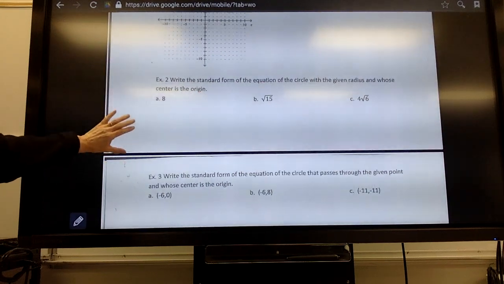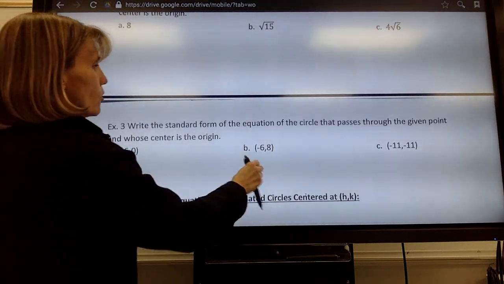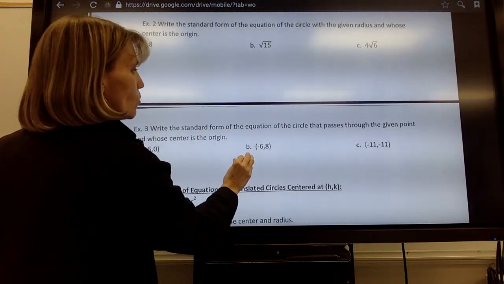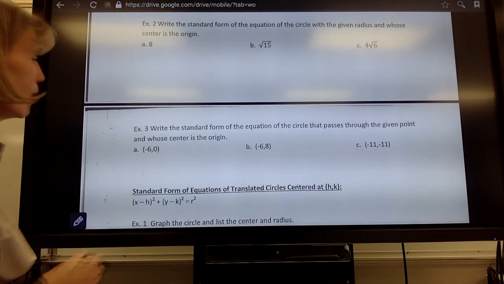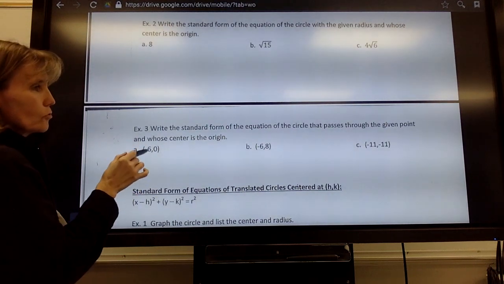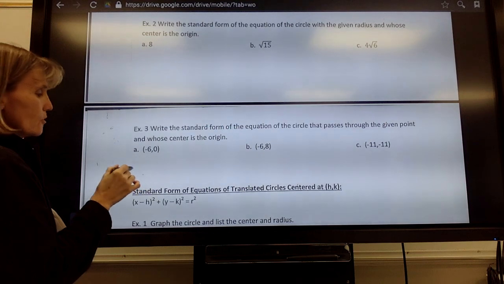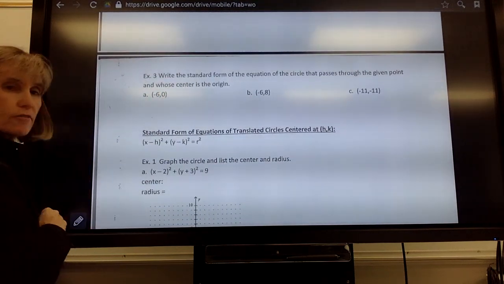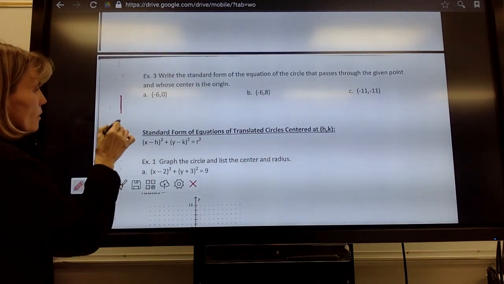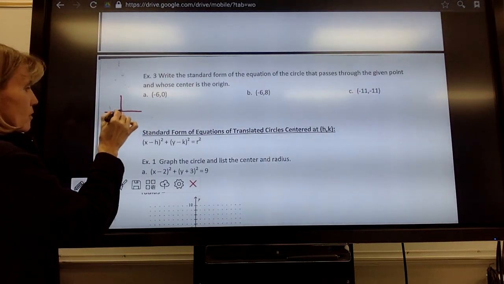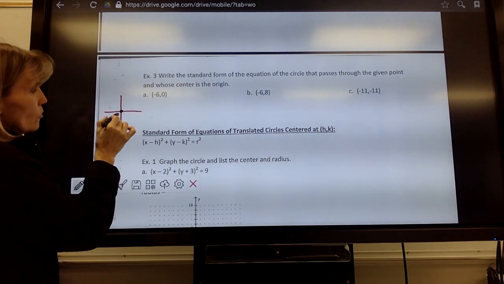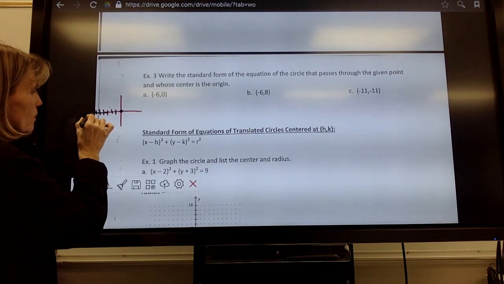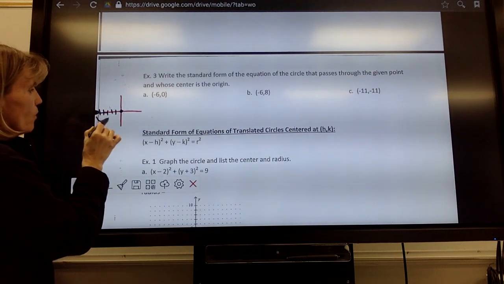Okay, let's see what else we got here. It says, write in standard form the equation of the circle that passes through the given point and whose center is at the origin. So you're going to have to figure out if the circle goes through this point, but its center is at the origin. If I put this on a graph, just kind of sketched it here for you, we're saying that the center is here, and it's going to go through this point, -6, 0. So you've got to figure out what that distance is.